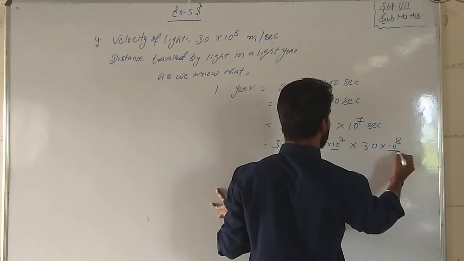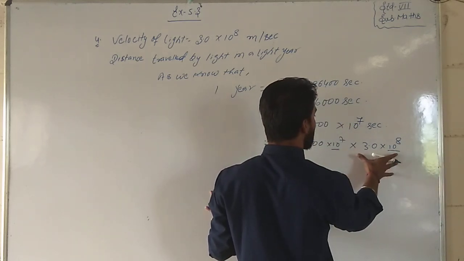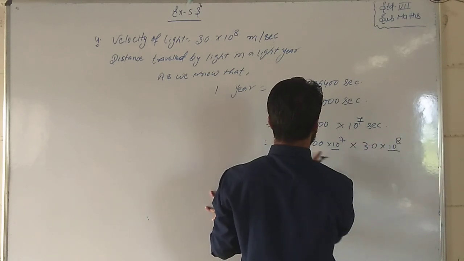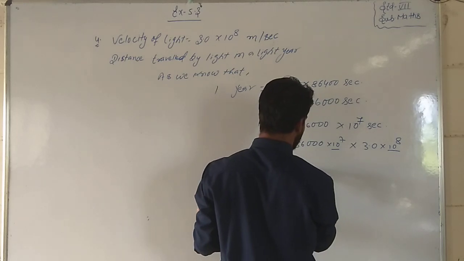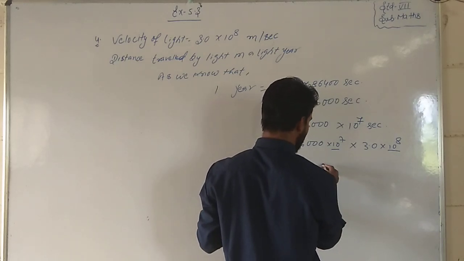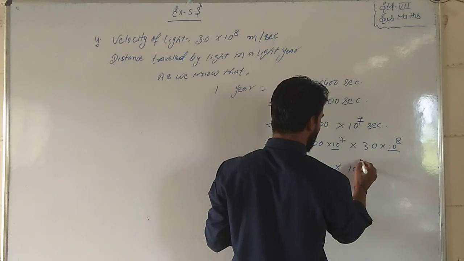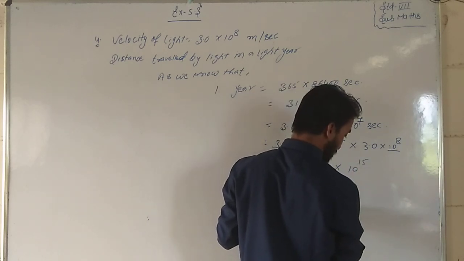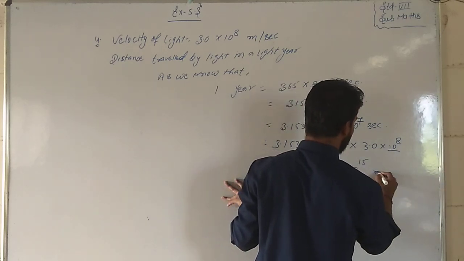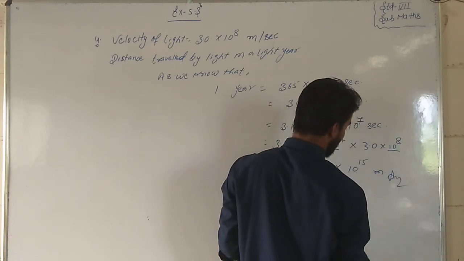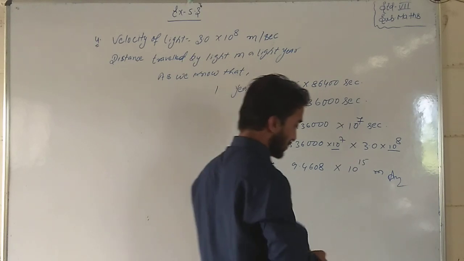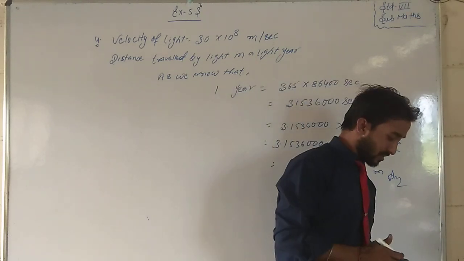Here the base is the same, so the powers will be added, but these numbers are different. When we multiply, the number that will come is 9.4608 into 10 to the power 15 meter.